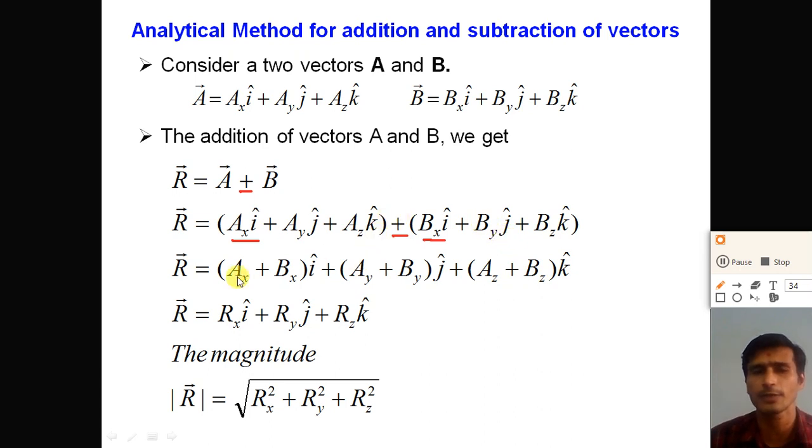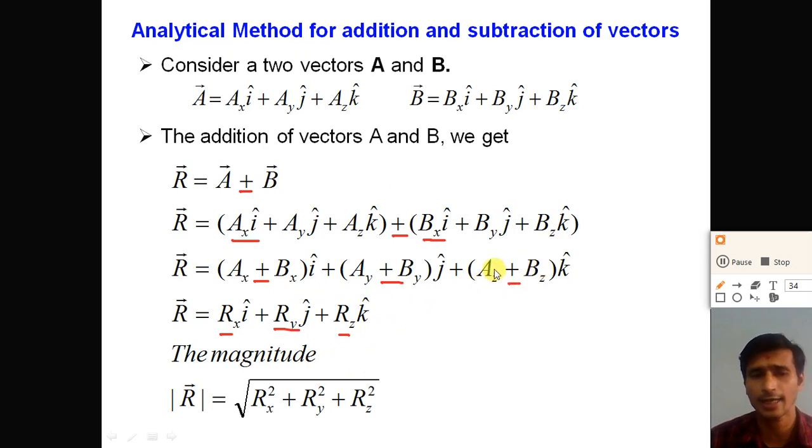Similarly, if we perform the subtraction, we subtract the components of the vectors: ax minus bx, ay minus by and az minus bz, right? We get the resultant vector r in the form of its components, rx into i, where rx is equal to ax plus bx or ax minus bx, ry is equal to ay plus by or ay minus by, and rz is equal to az plus bz or az minus bz.